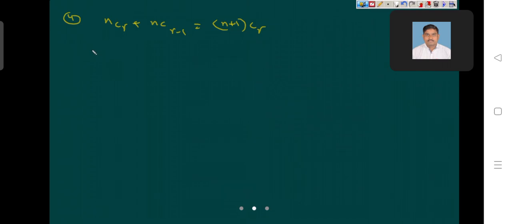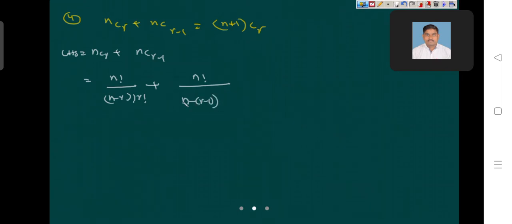You know that nCr plus nC(r minus 1), that is the LHS I will take. The first term you can write as n factorial by (n minus r) factorial into r factorial. And nC(r minus 1) you can write as n factorial by (n minus (r minus 1)) whole factorial into (r minus 1) factorial. Just the formula applied.